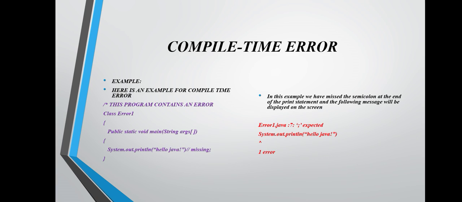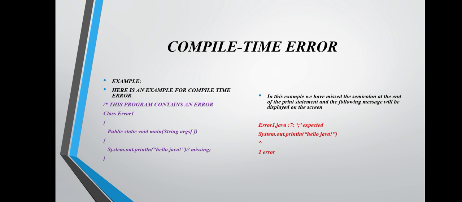Here's an example for a compile time error. Here we need to create a class called Error1. Then we have a method public static void main String args. Then we write the print statement System.out.println Hello Java. In this example we have missed the semicolon at the end of the print statement, and the following message will be displayed.